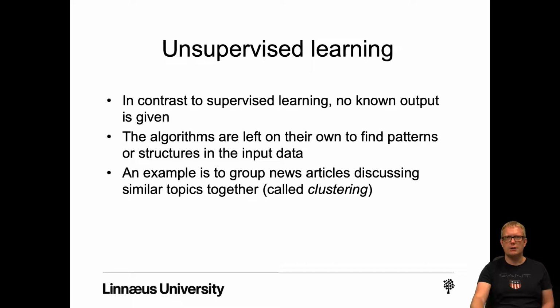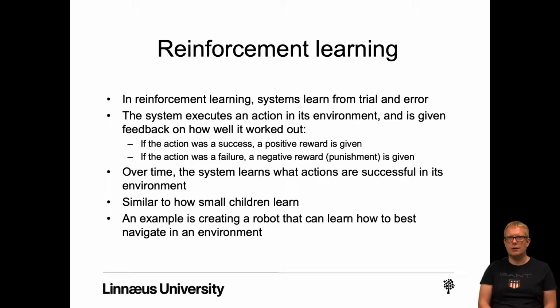The third type is reinforcement learning. In reinforcement learning, systems learn from trial and error. The system executes an action in its environment and is given feedback on how well it worked out. If the action was a success, a positive reward is given. If the action was a failure, a negative reward or punishment is given.